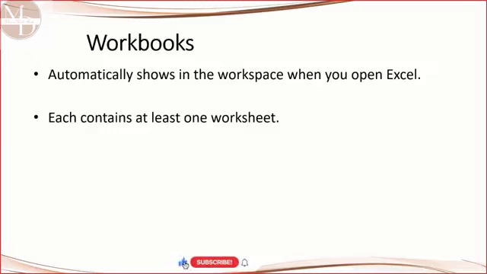For older versions of Excel, 2010 downward, it shows three. But from 2013 upward, up till 2019 and 365, if you open a blank workbook, it automatically gives you just one worksheet. Then from there, you can increase, just as I did earlier.